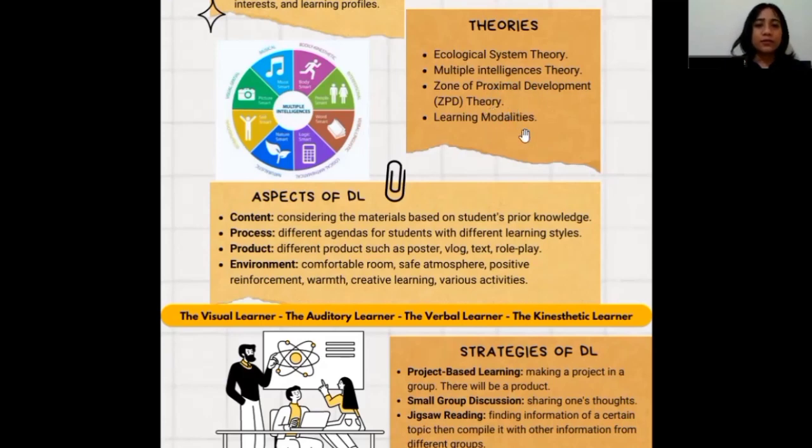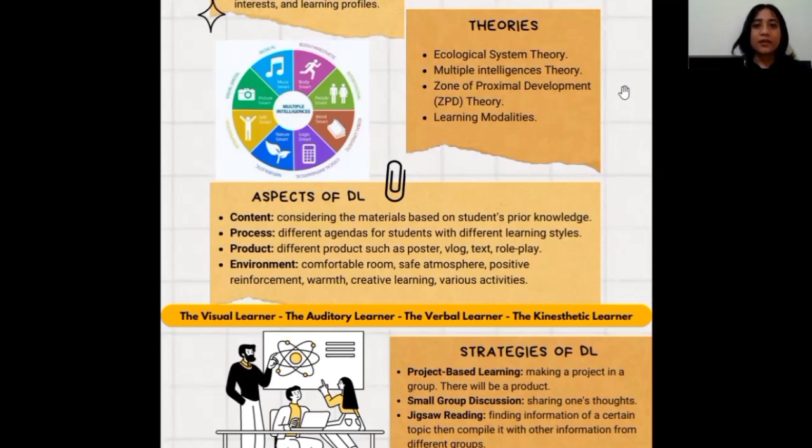So the smallest circle is about the individual itself, about their identity like age, their health, and their gender, etc. So it will affect their development. And then on the wider circle, there are families, friends, and then the wider circle is the neighborhood, and beyond that is the culture, the society, or the country where the student lives.